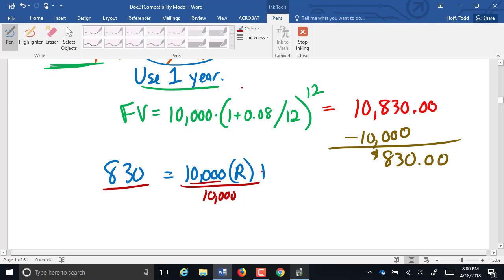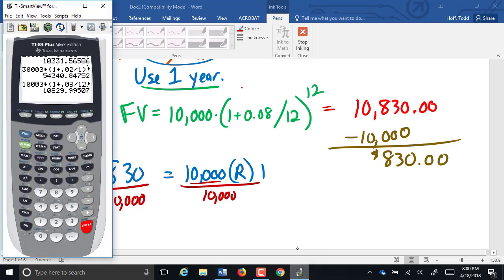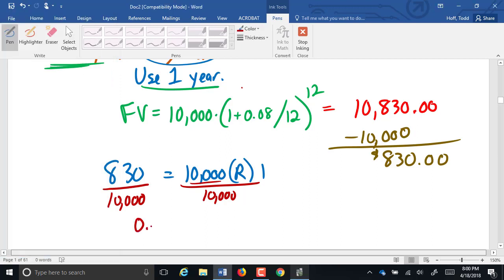If it were less than a year, then we'd have to make sure we combined the principal times the time. There might be a problem similar to this in the homework. It'll still work. Let me show you. So I get 0.083, which is 8.3%.